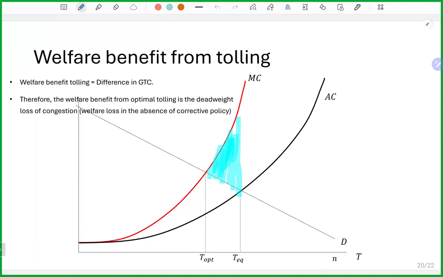That is the potential, the maximum that we can. We call it potential gain, not realized gain. So the potential welfare gain from congestion policy is the welfare loss of congestion. Exactly the same. Welfare loss of congestion can be recovered when congestion toll policies are implemented.